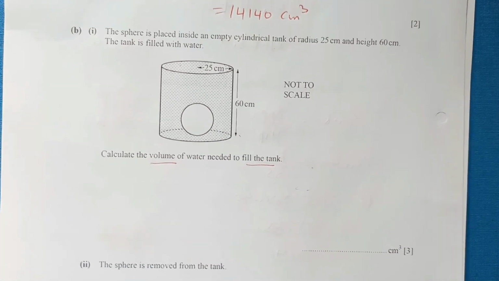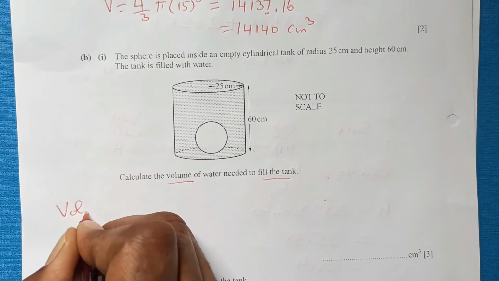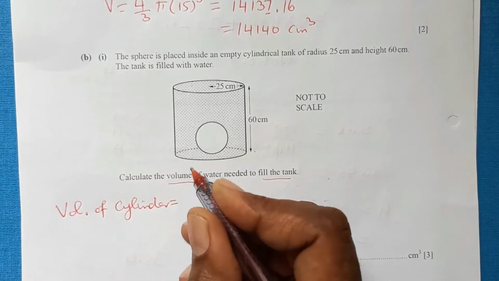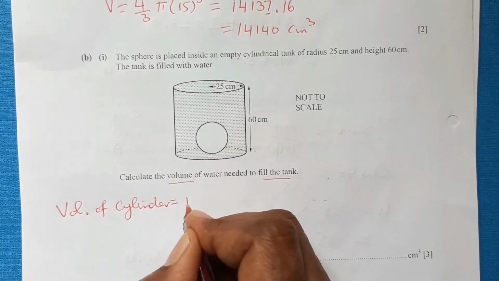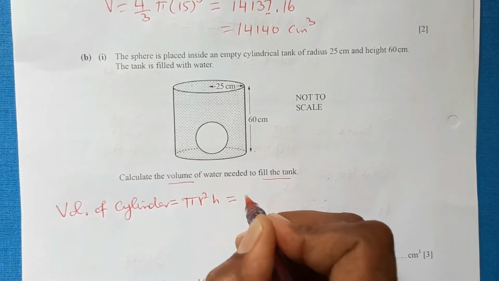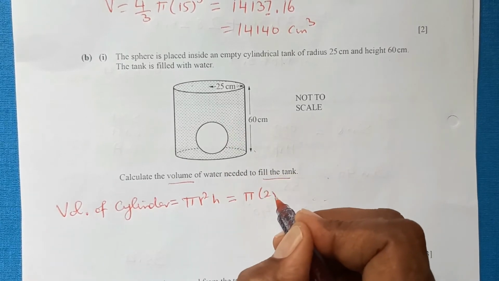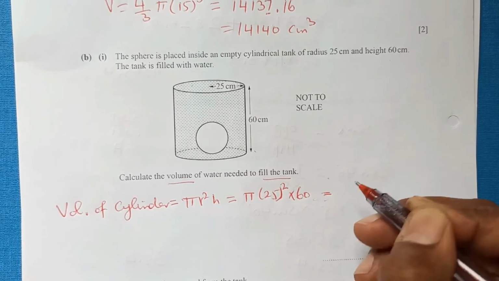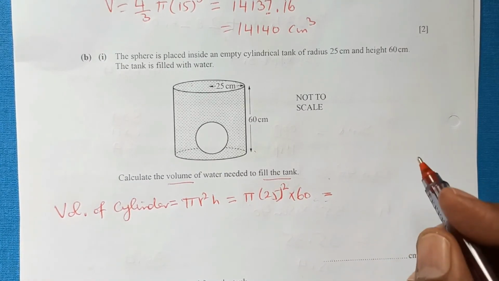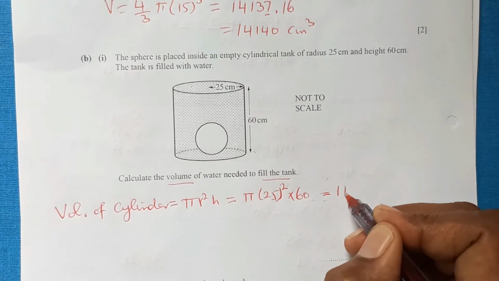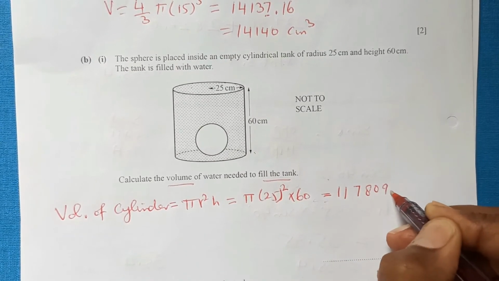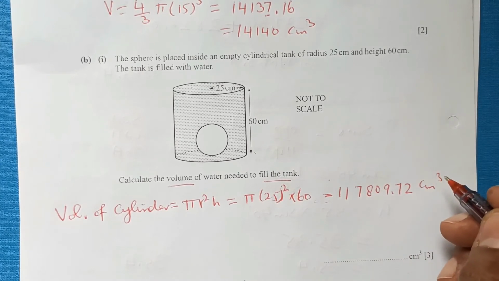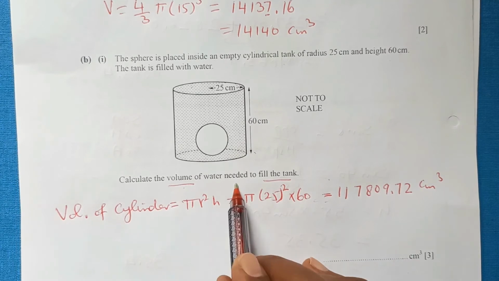So volume of the cylinder is pi r squared h, and r is given to us, 25 squared times h is 60. So when you calculate, you are getting 117,809.72 centimeter cubed.